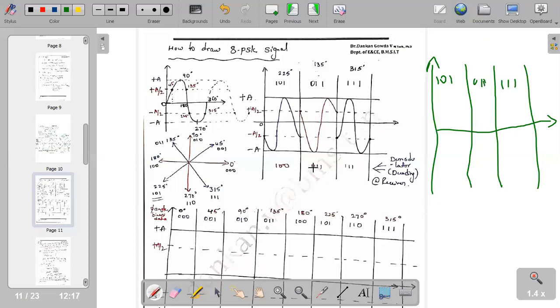Now please observe here. What does the 101 bit stream correspond to? You can observe that in your phasor diagram. This diagram we also call a constellation diagram of 8 PSK.